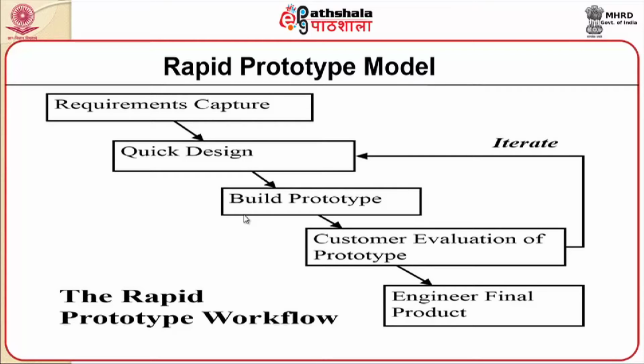But after we clearly understand the requirements of this specific model called the rapid prototyping model, we go for a quick design, which means I am taking a specific module where I am plotting the design and I build a prototype. This will make the customer more satisfied, as it clearly indicates how the development would be. So this will be given to the customers for evaluation purposes.